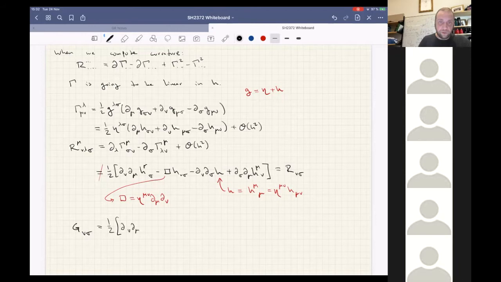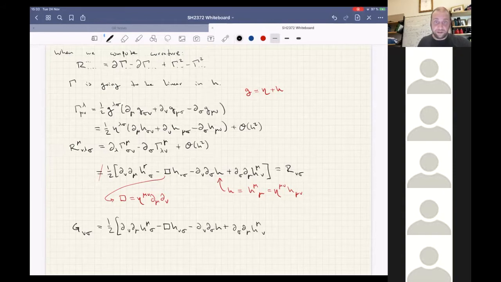The d mu h mu sigma, it's the Ricci tensor, and then minus this thing with, let's see, did we get it correctly? That is that term, that is that term, that is that term, plus d sigma d mu h mu nu.